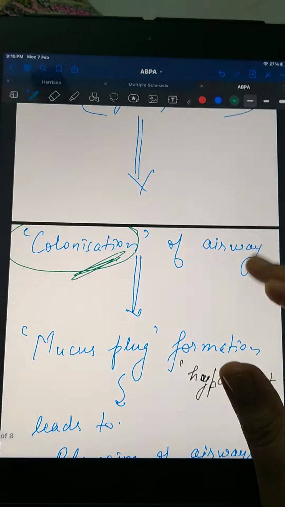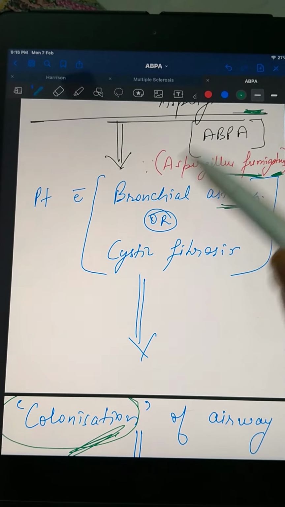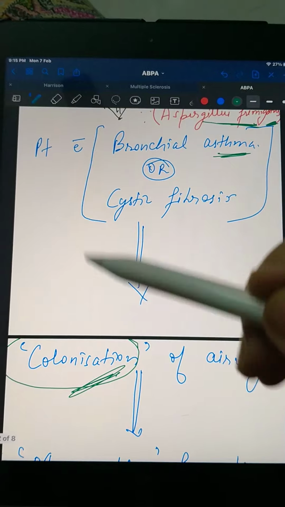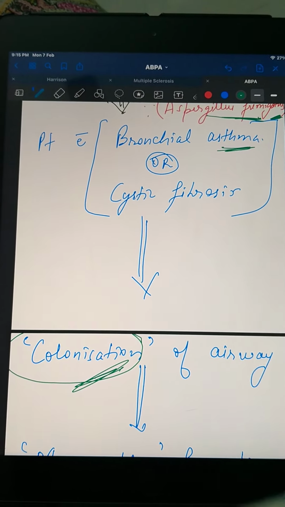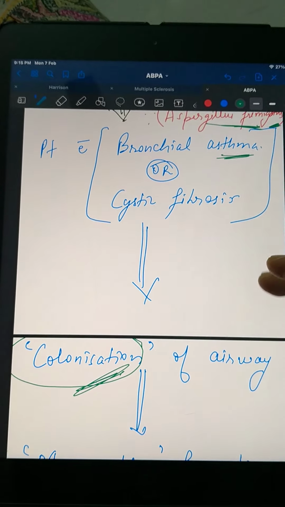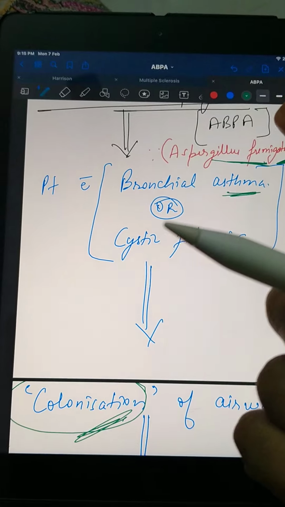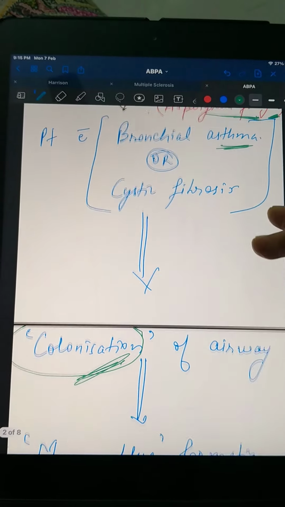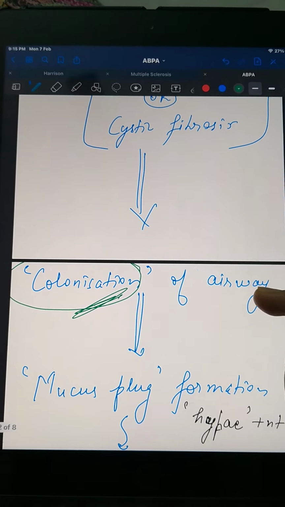Okay, let's see what happened. A patient has a history of bronchial asthma or cystic fibrosis, and after that he again and again presents with an asthmatic attack. Then we should think that the patient may have ABPA, because the patient will have colonization of the airway.